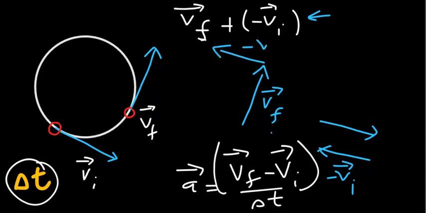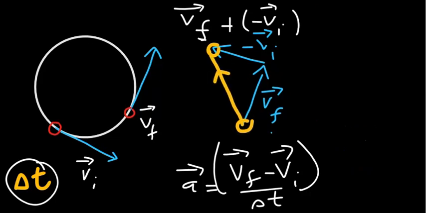So that is minus vi. So when you sum vf and minus vi, we have to connect the tail of the first vector to the head of the second vector, and it goes like that. So the vector in yellow is this vector, which appears in the numerator for the expression for acceleration.